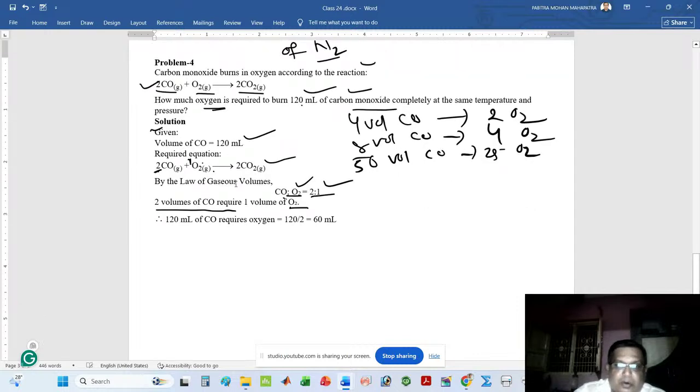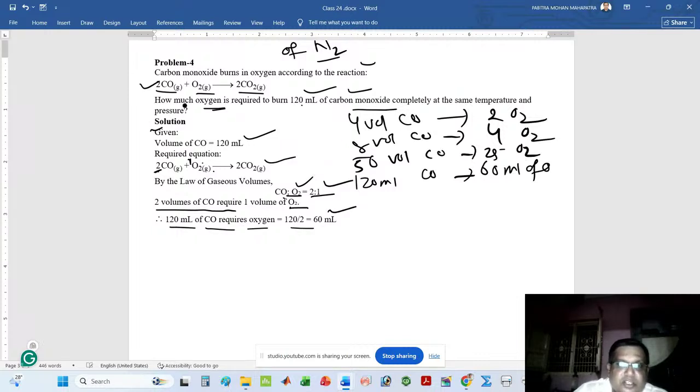If you think about 120 ml of carbon monoxide, then obviously you take half, that means 60 ml of oxygen. So here I have written 120 ml of carbon monoxide requires oxygen 120 by 2, that is 60 ml. So what will be the answer?